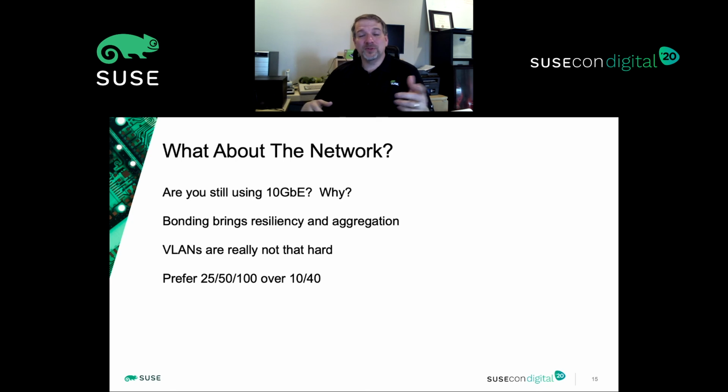They have to come in and figure out which one's port 1, which one's port 2. Or worse, they've had failures, and now the cables are going every which way and no longer well labeled. It's just a lot easier if you bond them all together in one bond across multiple switches. Provide yourself protection against NIC failure, against switch failure, and you use VLANs to divvy it up. And again, I prefer heavily 25, 50, and 100 gigabit over 10 and 40 due to the signaling rate of the medium.